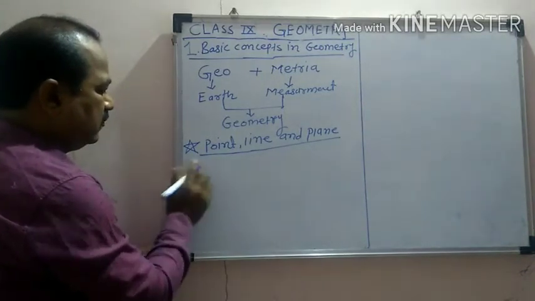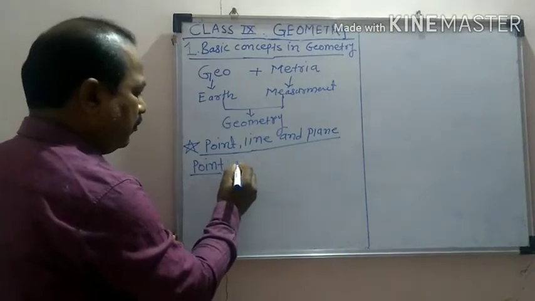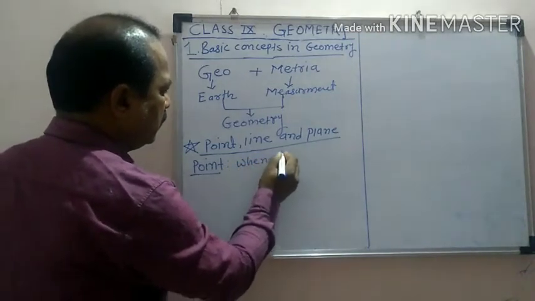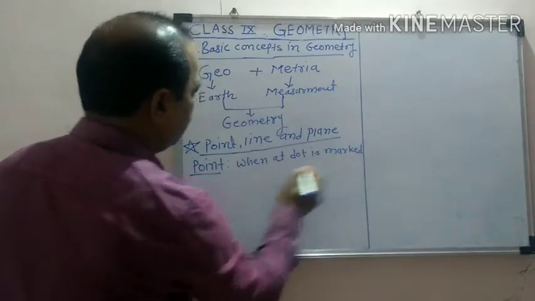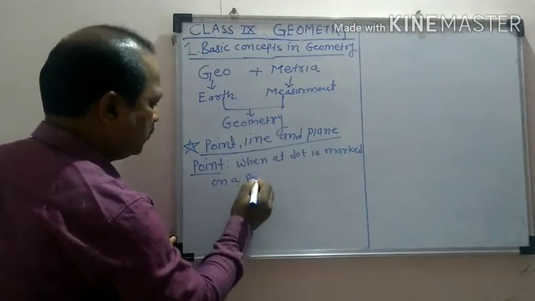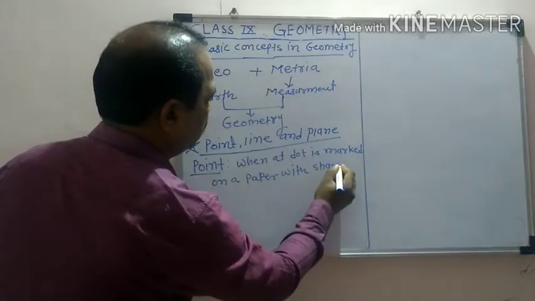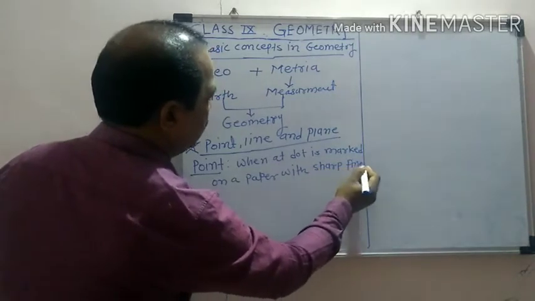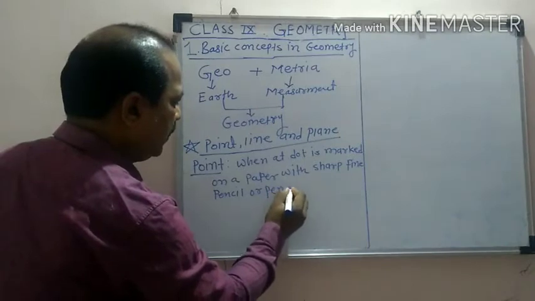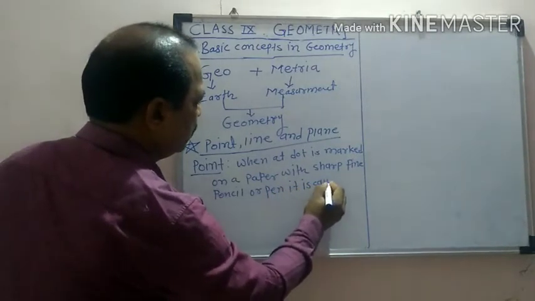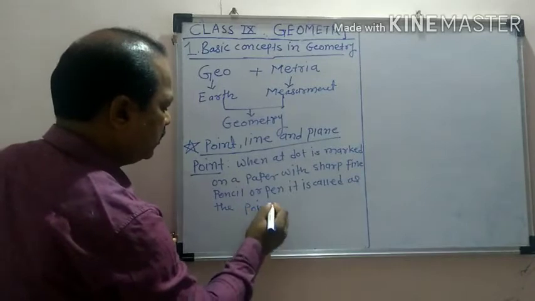Point means what? Point is when a dot is marked on a paper with a sharp fine pencil or pen, it is called the point.